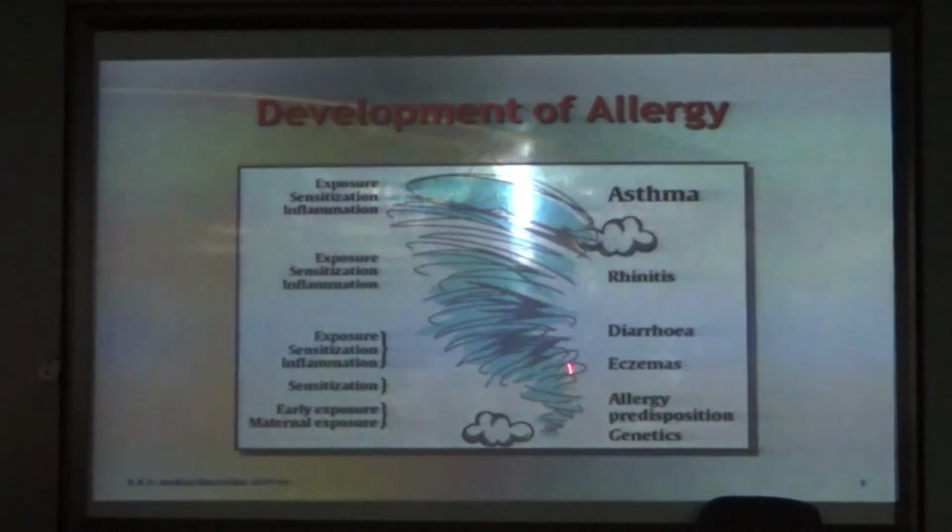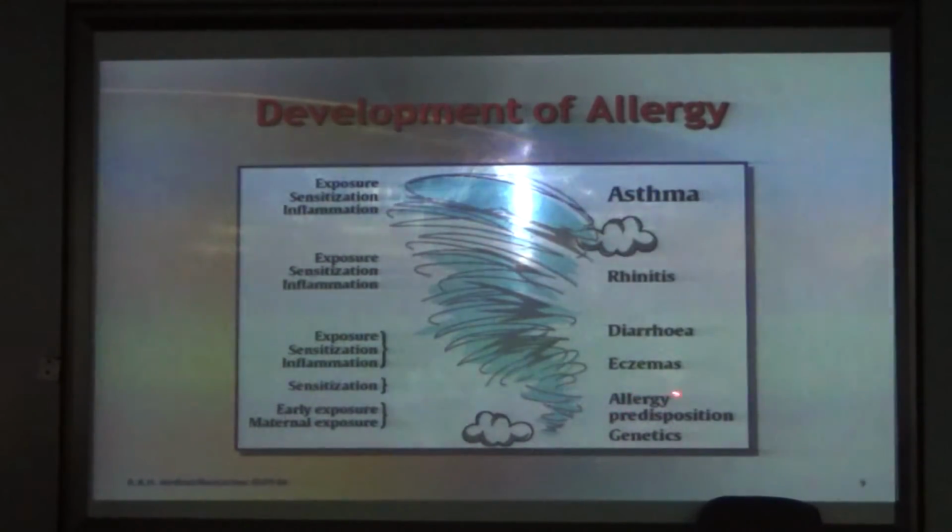Now if you look at it here, first of all, if you look at the maternal exposure and early exposure in life, it may be genetically associated, and the baby who is born is sensitized to those early exposures.